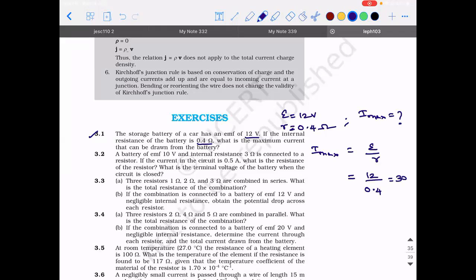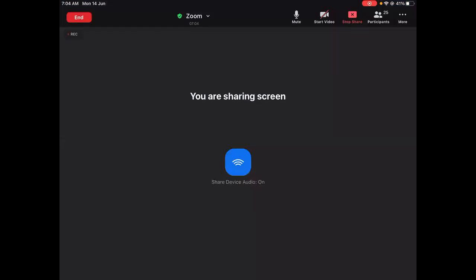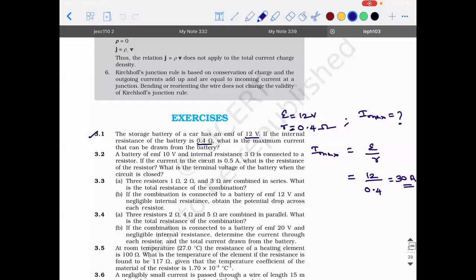That gives us 30 ampere. Clear? So it is 30 ampere.